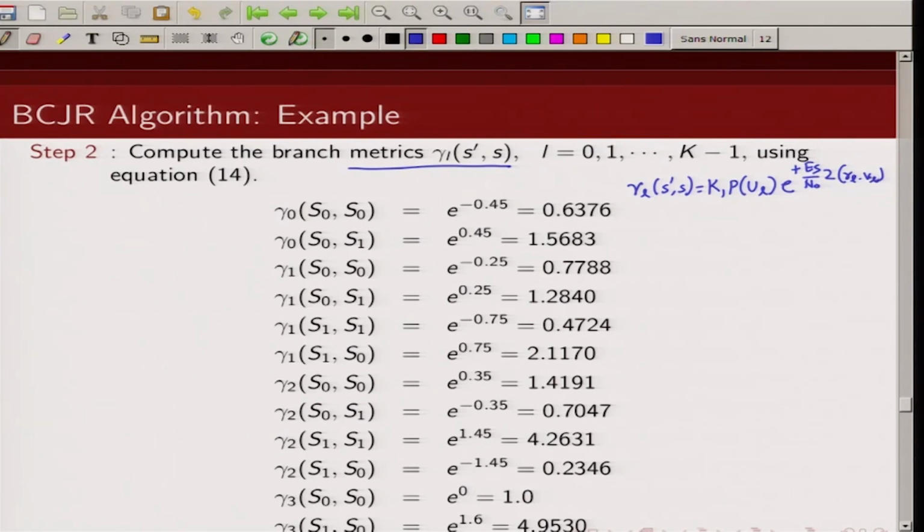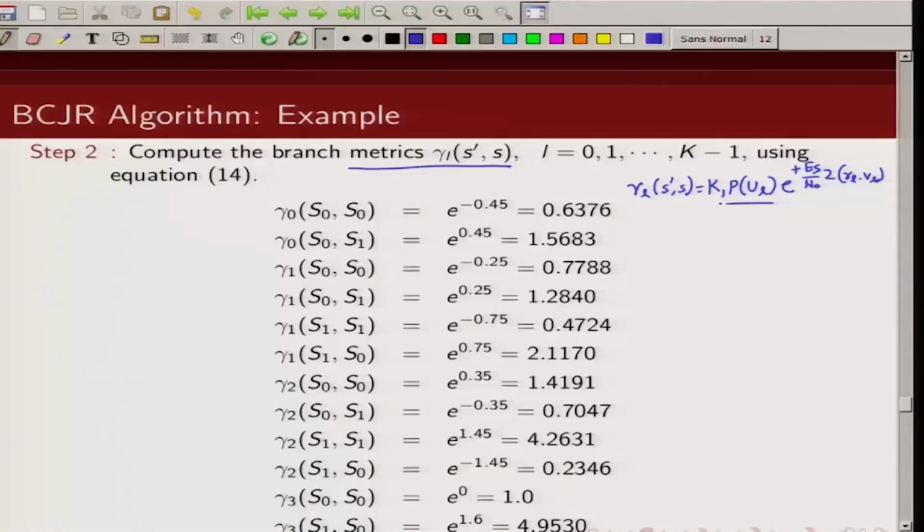Now, in this particular example, we are assuming that a priori it is equally likely to be plus 1 or minus 1. So, this probability will be half whether UL is plus 1 or minus 1. So, this will be a constant, and we can just include this in the constant and ignore this term. So, what we need to compute the branch metric is basically some k2 times exponential of Es by N naught over 2 times RL dot VL.